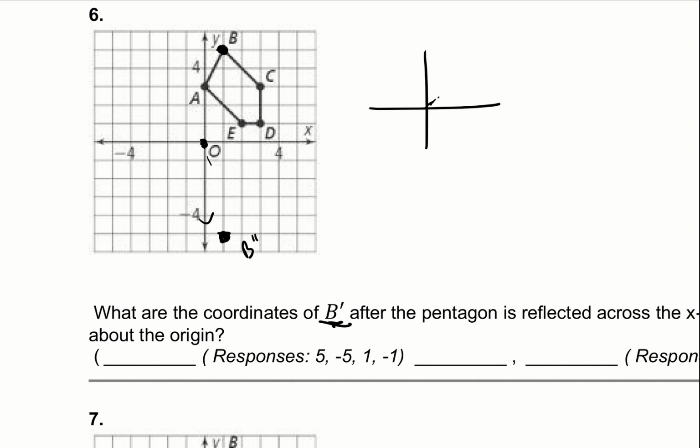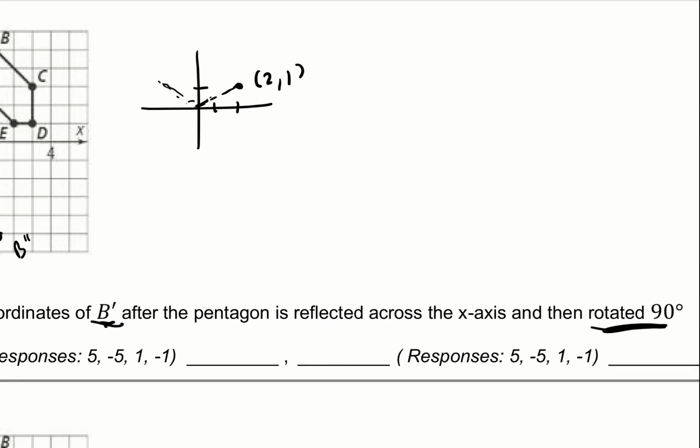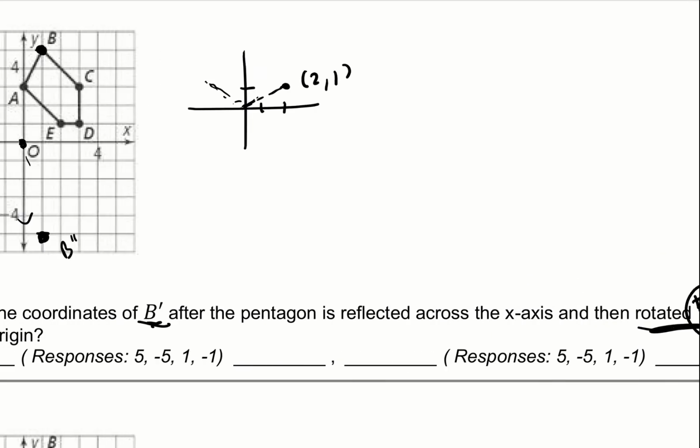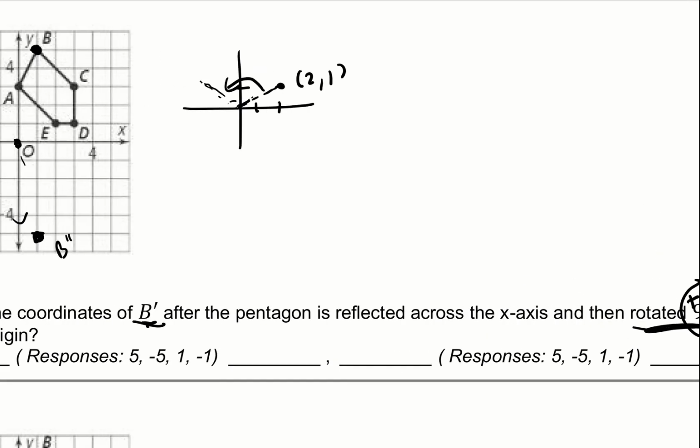Let's say we have a coordinate 2, 1, for example, and I want to rotate this 90 degrees. 90 degrees is, by the way, a positive value, which means you're rotating counterclockwise. If it was -90 degrees, you would be rotating clockwise. So we're rotating it counterclockwise by 90 degrees at a right angle.